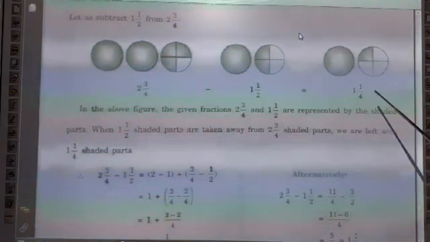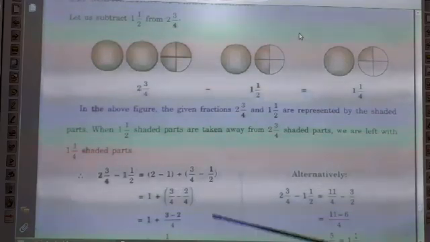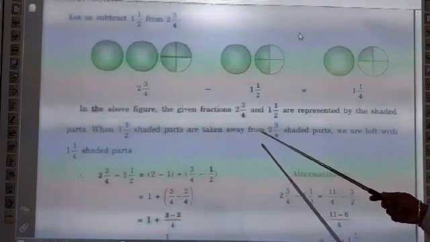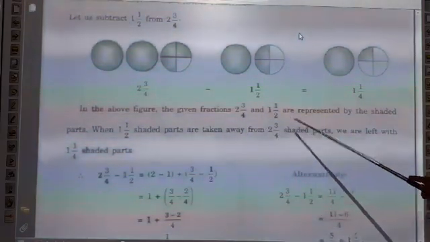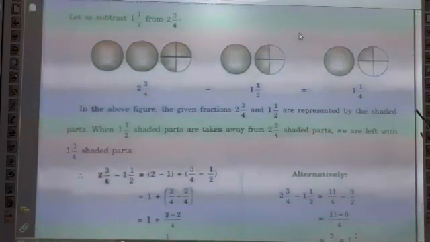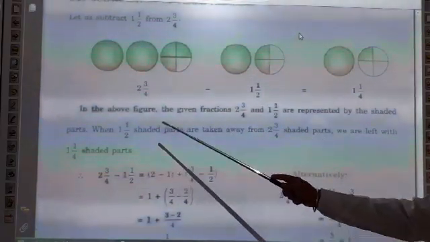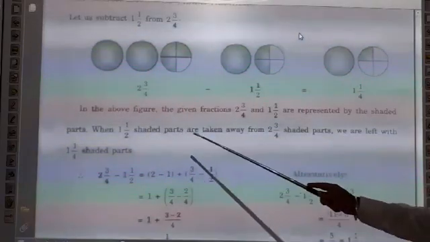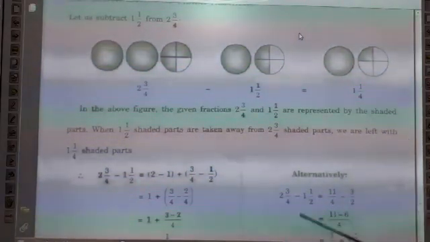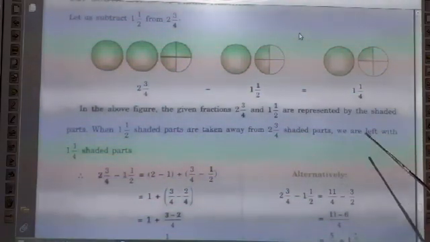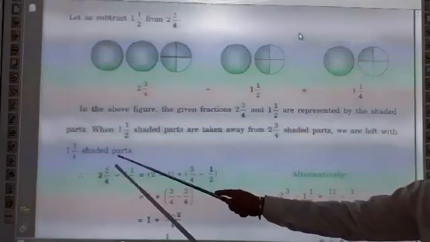So the mixed fraction is 1 1 by 4. In the above figure, the given fractions 2 3 by 4 and 1 1 by 2 are represented by the shaded parts. When 1 1 by 2 shaded parts are taken away from 2 3 by 4 shaded parts, we are left with 1 1 by 4 shaded parts.